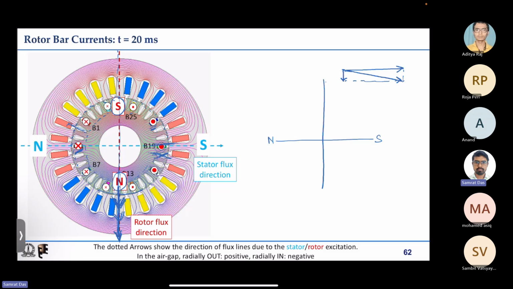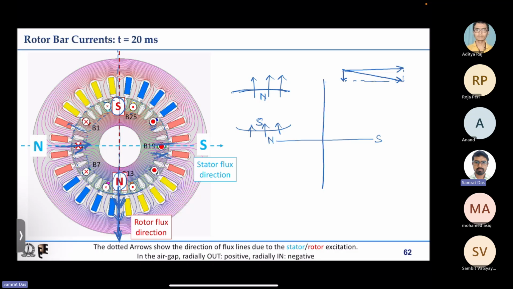The north pole definition is: if there is a surface from which flux lines come out, then this surface will be north pole, and if there is a surface into which flux lines go, then that surface will be south pole. At this given instant, we know the flux direction is like this.